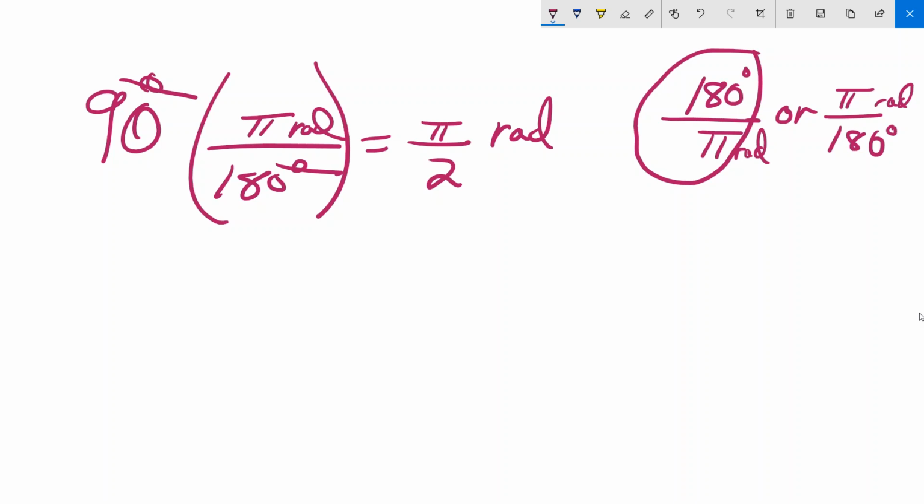So the way to memorize which one it is, 180 over pi or pi over 180, is what are you trying to get rid of and what are you trying to go to? In other words, if I had pi over 3 radians, what's the conversion factor?